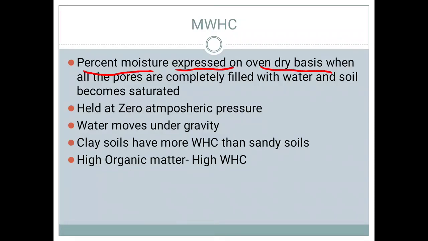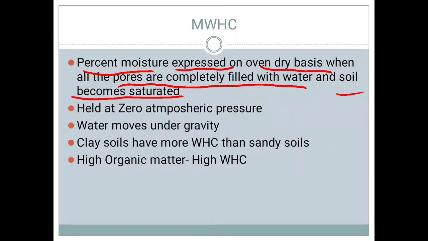We start with this statement because I told you that we are drying the soil in the oven. Percent moisture expressed on oven dry basis when all the pores are completely filled with water. All the pores means micropores and macropores. All these types of pores are filled with water and soil becomes completely saturated. Completely means there is water everywhere in the soil. That is called the maximum water holding capacity of the soil.